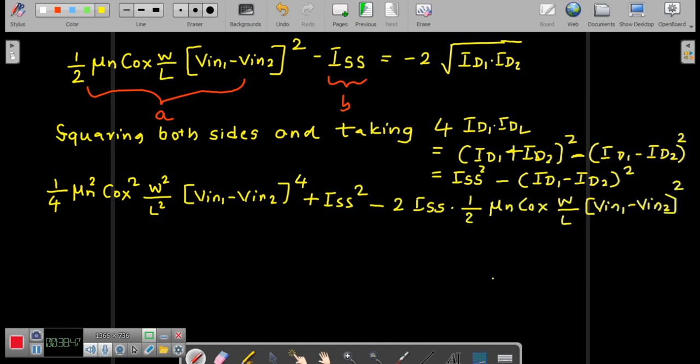So this is equal to 4 into ID1 into ID2, because the left hand side.